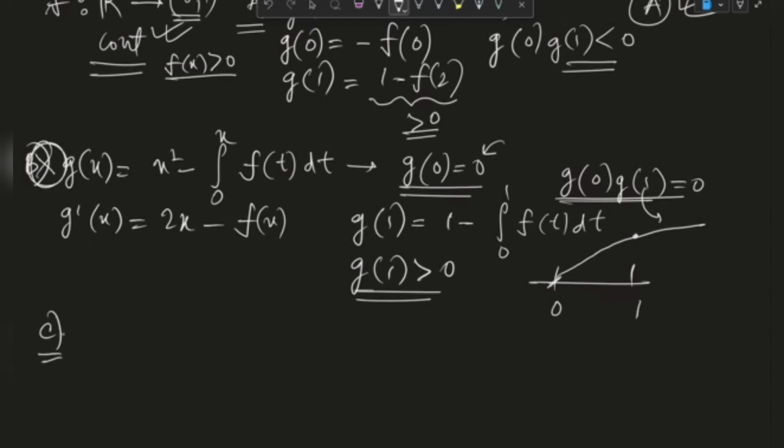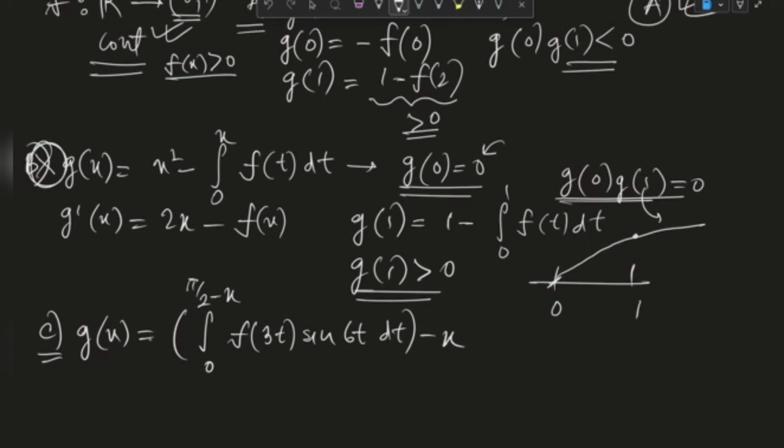For option number C, next we have g of x equal to, I will write this within brackets, integral 0 to pi by 2 minus x f of 3t sine of 6t dt, minus x. If you find g of 1, this will be less than 0, and g of 0 will be 0.